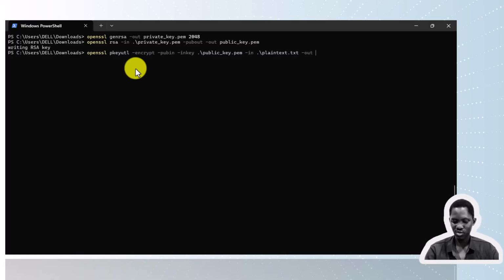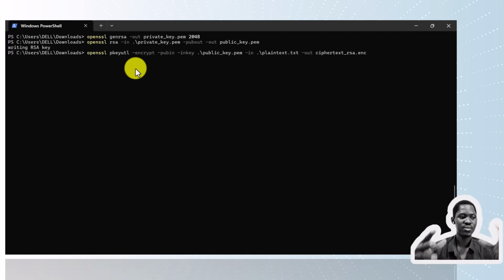Then the name that I want to give to it, right? I'll say ciphertext_rsa.enc. So that's the name I want to give. You can give it any name you want. That's the name I want to give my encrypted file, ciphertext underscore rsa.